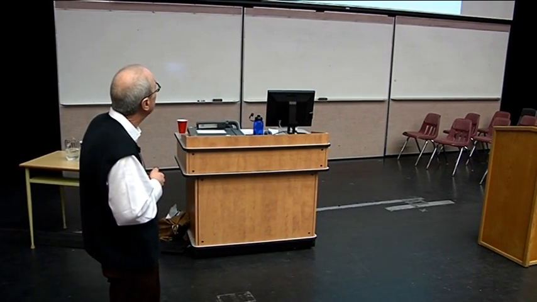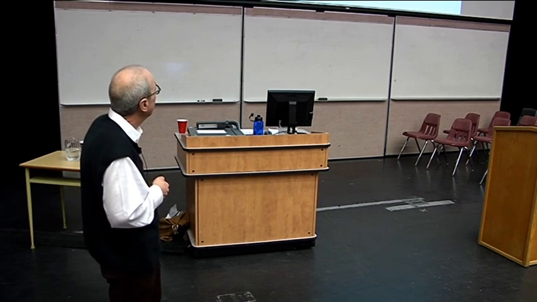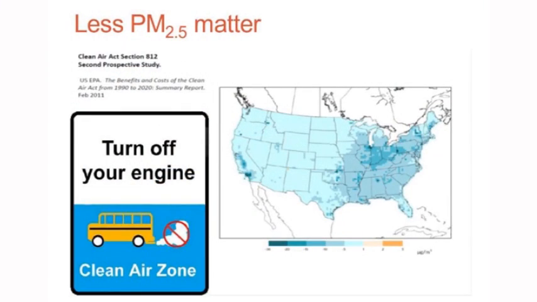And here's what they expect. This is from 1990 to 2020. They expect this is the reduction here. The darker the color, the more the reduction. And you can see basically LA, they're expecting a lot better in terms of PM 2.5. The eastern US also a lot better. And of course, these guys really are clean anyway, so they don't need a lot of cleanup.